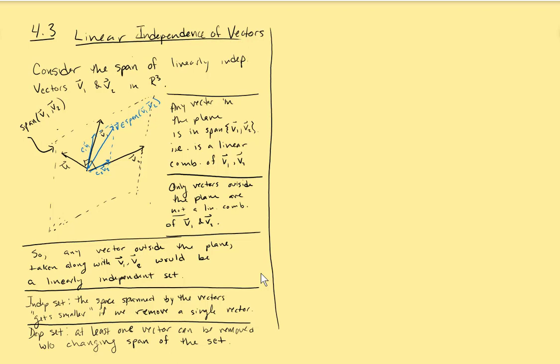Let's ask, is the set of vectors (1, 2, 3), (-1, -1, -1), (1, -3, -4), and (1, -2, -10) linearly independent?